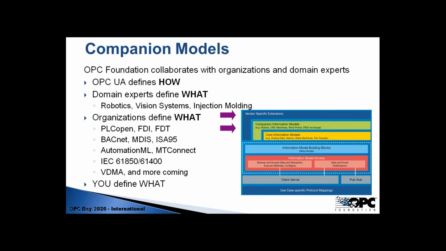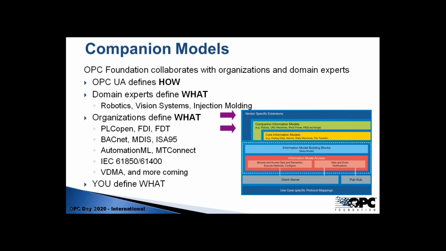In addition to that, and on top of these core information models, we have the companion models. So the OPC Foundation collaborates with different organizations and domain experts, and the OPC Foundation gave them the mechanism how to describe the information, and the domain experts now define what to describe, like robots, vision systems, injection molding machines.